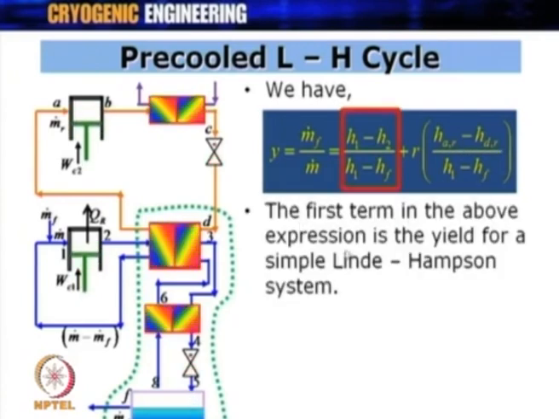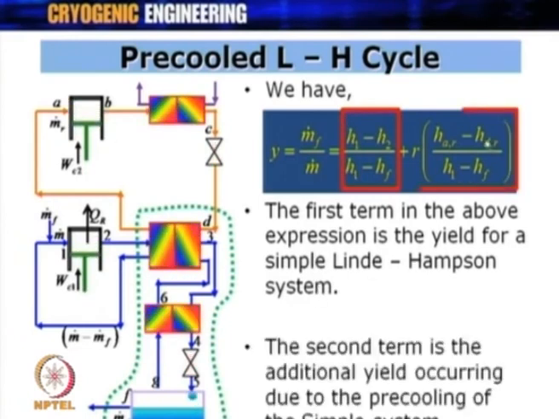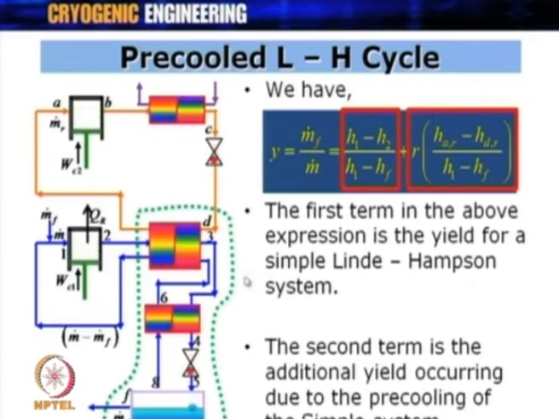The first term in the above expression is the yield for a simple Linde-Hampson system. So, what you get normally in a Linde-Hampson system will be this. In addition to that, there is a second term, which is an additional yield because of the pre-cooling arrangement. The second term is the additional yield occurring due to the pre-cooling of the simple system.